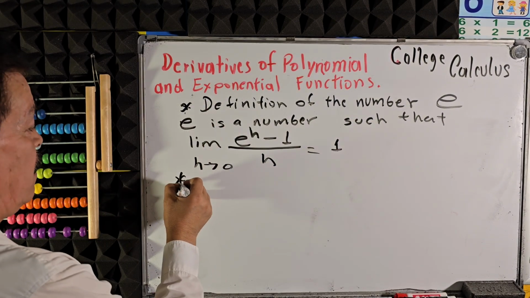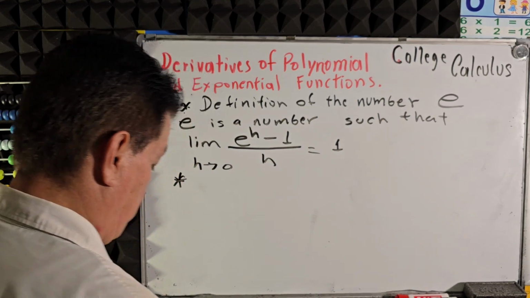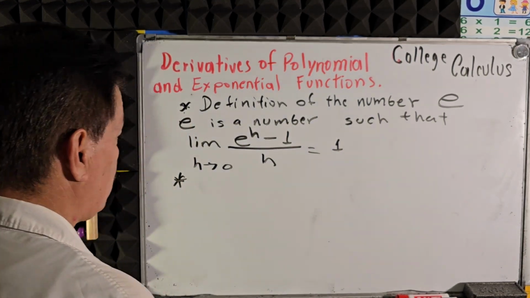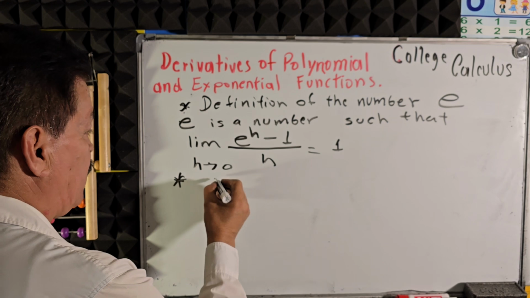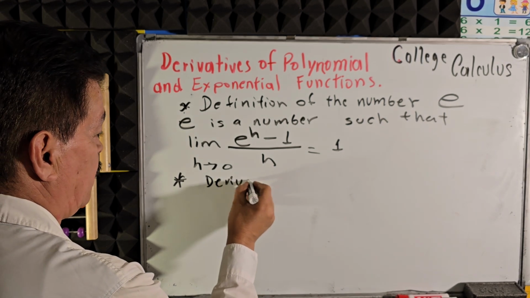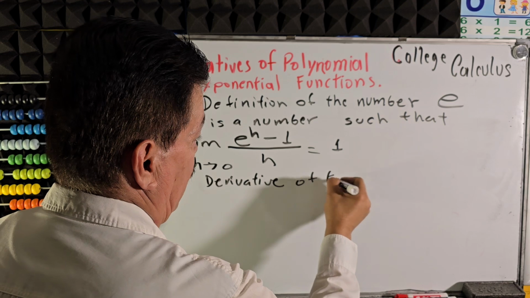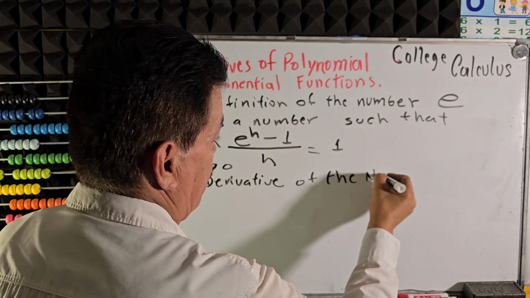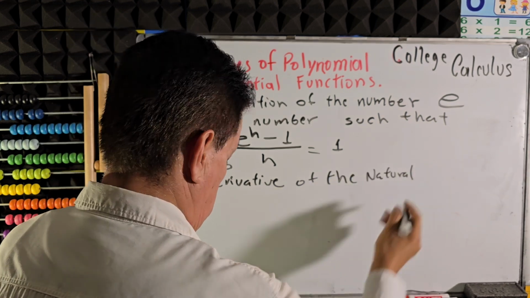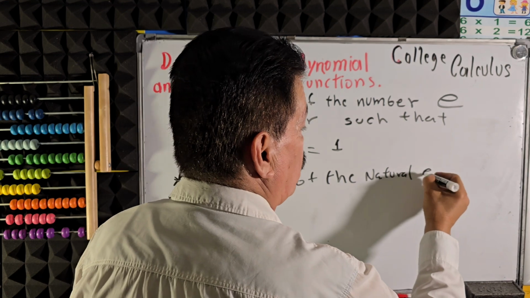Another important property to remember is the derivative of the natural exponential function.